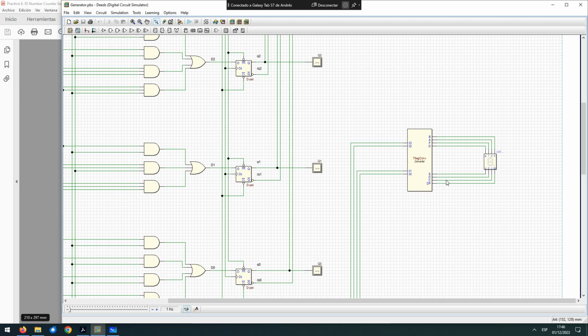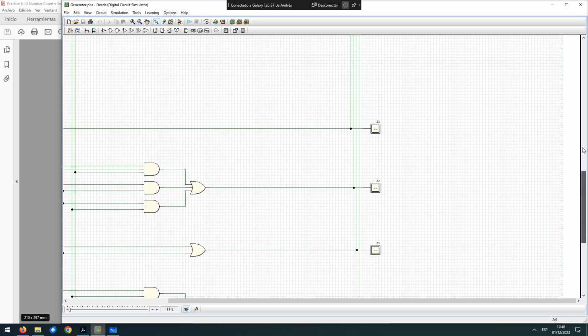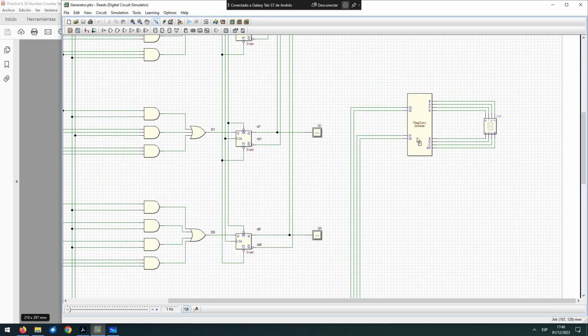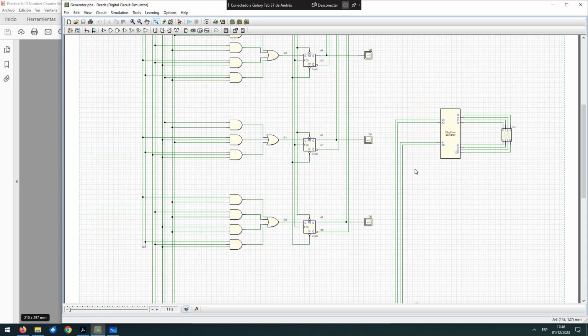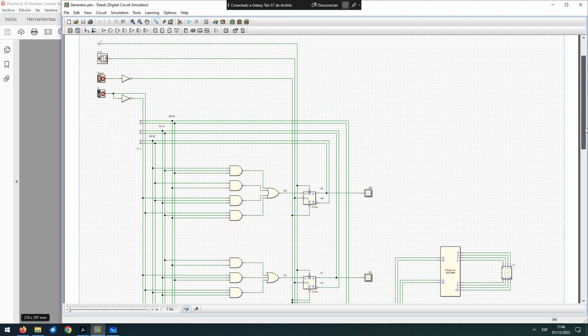So use the block you implemented. This is the block I did. Use your block to translate the BCD output to the 7-segment display. That's the reason you implemented the block, to use it in this practice, even if you didn't know yet.